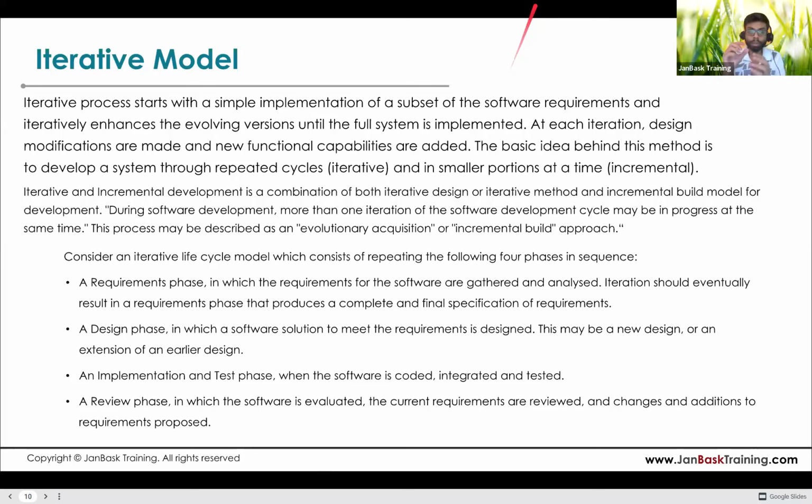So the planning, the requirement gathering, the design, the coding, the testing, and the review are done in an iteration until the end product is developed. So that is the iterative model.